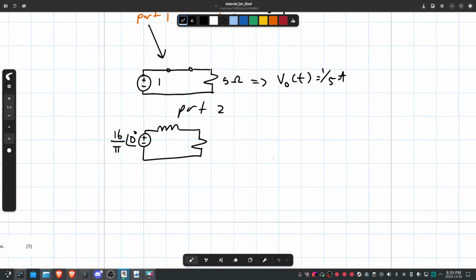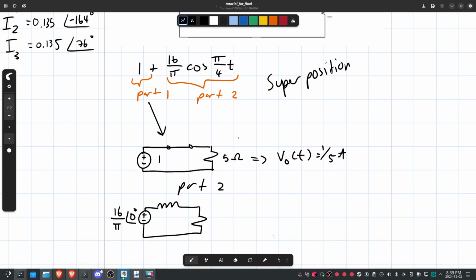Anyway, the omega for this part is just going to be pi over 4. So this is going to be jwL, where w is pi over 4. So therefore, jwL is going to be equal to 5 pi over 4 j.